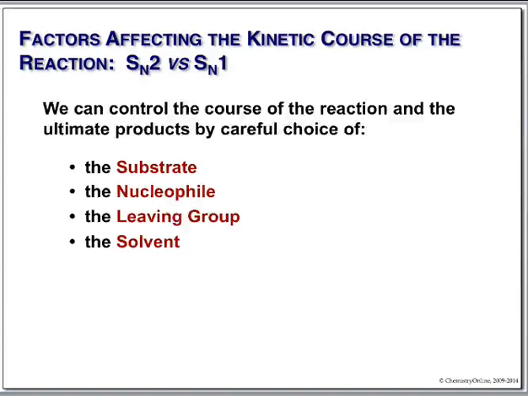We've already seen this. We know that tertiary is going to be bad, and that primary is going to be good. We'll see that the nucleophile is going to matter. If we have a strong nucleophile or a weak one, we can control it based on our leaving group, and perhaps most importantly, with the solvent.